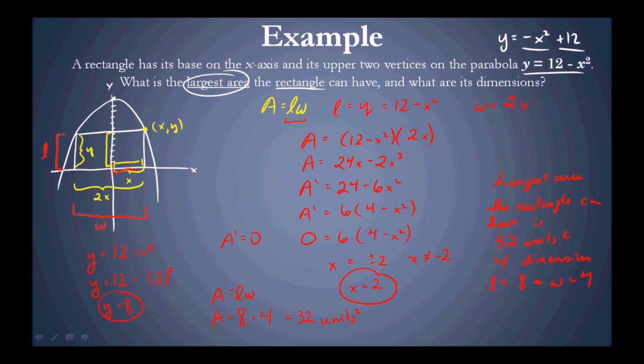Now, to clarify an earlier point in saying that x does not equal negative 2, one of the x values does equal negative 2. However, because we're looking at lengths, we take the absolute value of this, and because x is the same on either side of the axis, we can look at only the positive value because we're looking at strictly lengths, and lengths can only be positive values.